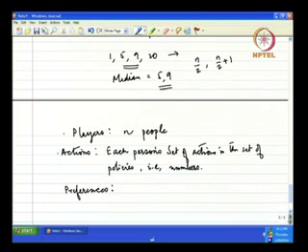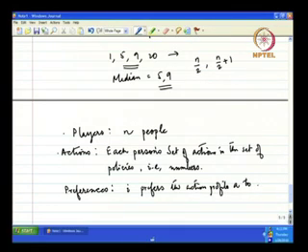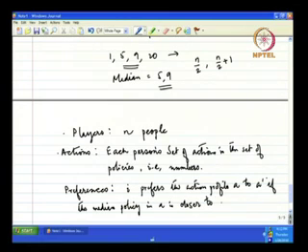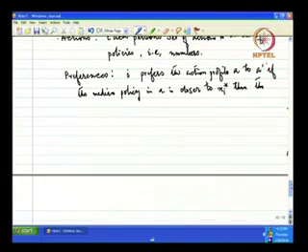And what is the preference? Player i prefers the action profile A to A dashed if the median policy in A is closer to xi star than the median under A dashed.